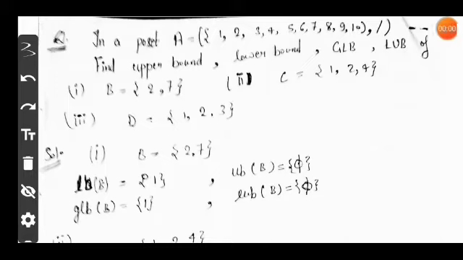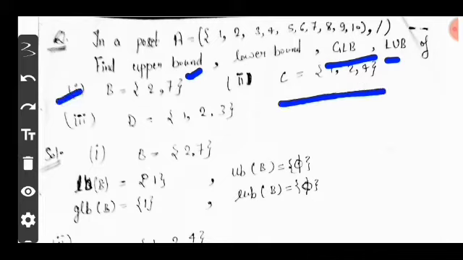Next question: in a poset A where S is 1, 2, 3, 4, 5, 6, 8, 9, 10 and the operation is divisibility, find the GLB and LUB of first B equal to 2, 7, second C equal to 1, 2, 4 and third D equal to 1, 2, 3.